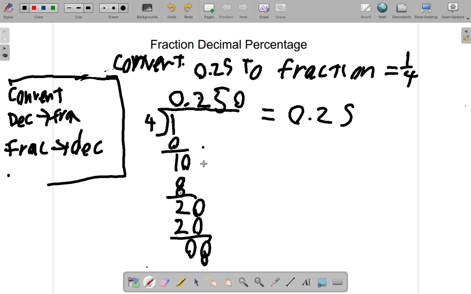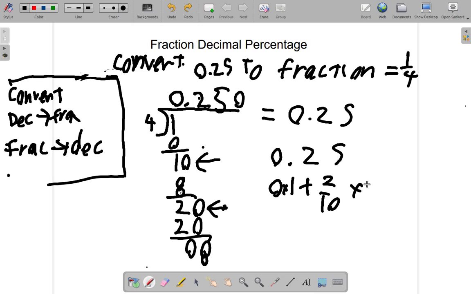Now, just before I finish off, each time I said to add a 0 here, remember, when you are converting and you say 0.25, what you really have here is 0 tens plus 0 ones, I mean, it's 0 ones plus 2 tenths plus 5 hundredths.